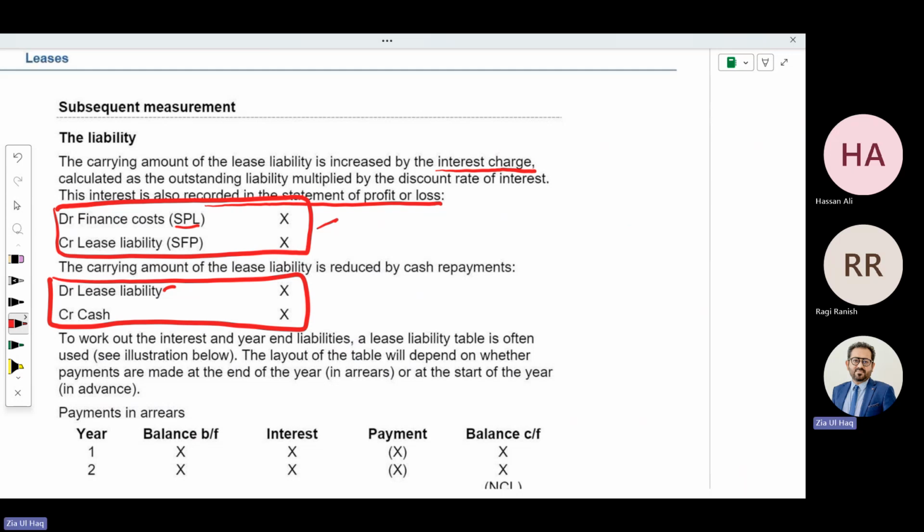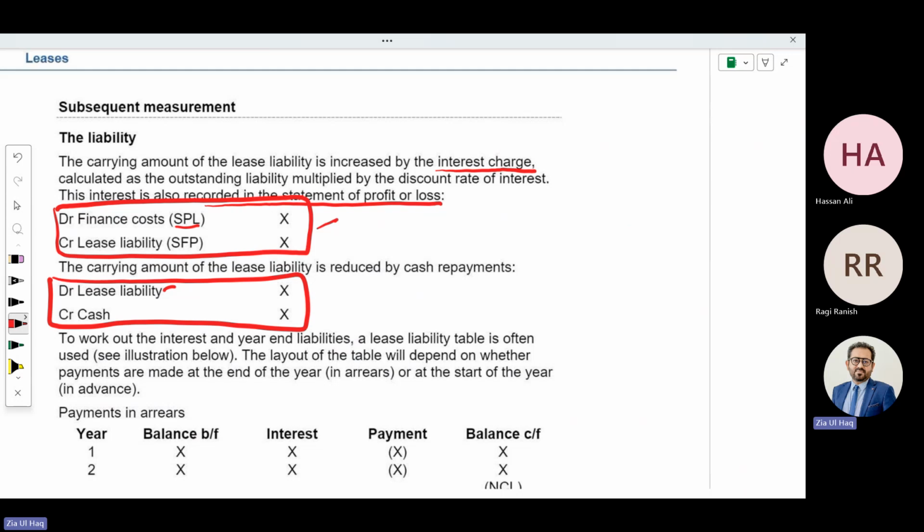To work out the interest and year-end liability, our lease liability table is used. When we bought the asset, we recorded the asset and the lease liability. At the start of the year, the liability amount is this. But at the end of the year, we need to add the amount of interest as well. Then we record the liability amount under non-current liability.